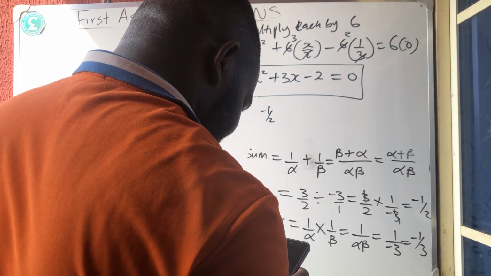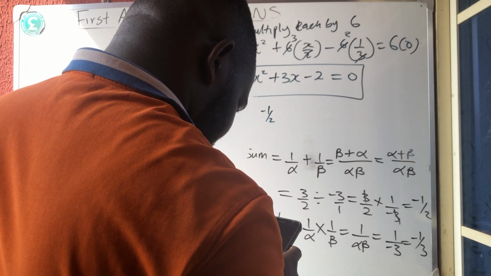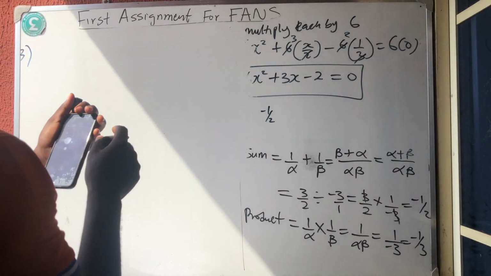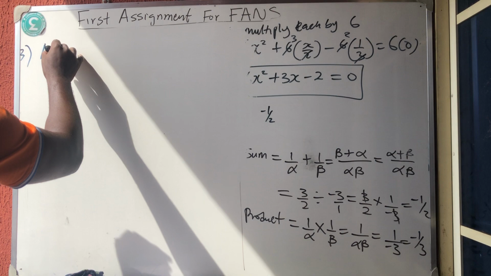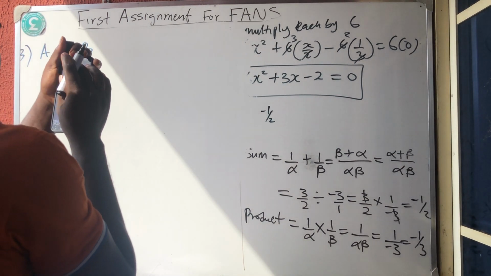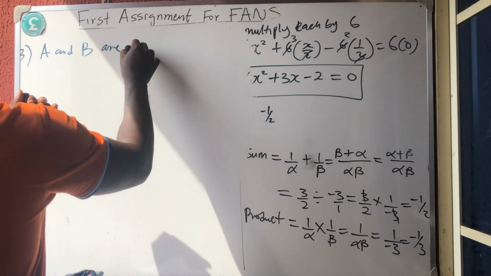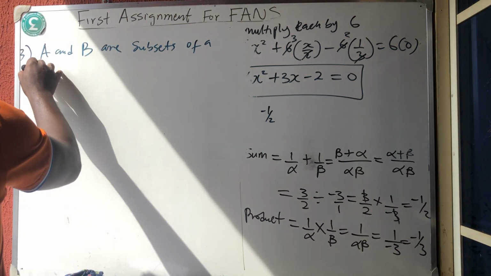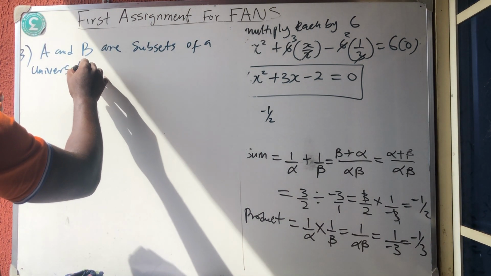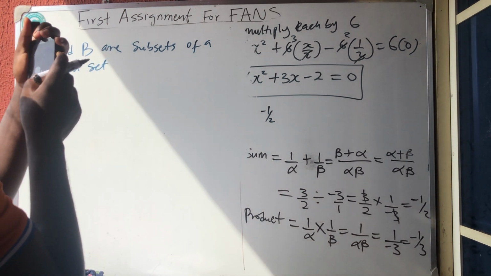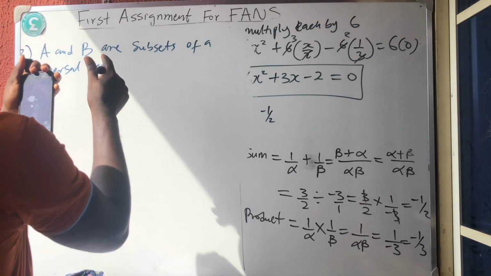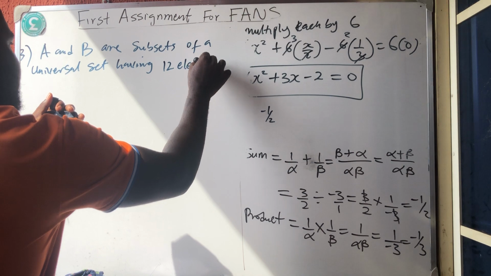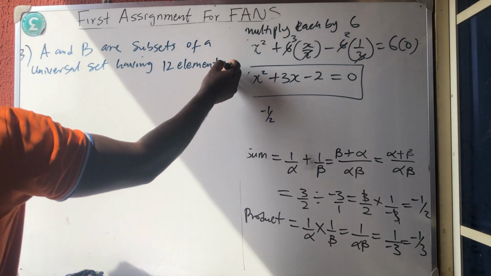Question number 3. Now, question number 3 said A and B are subsets of a universal set having 12 elements, full stop.